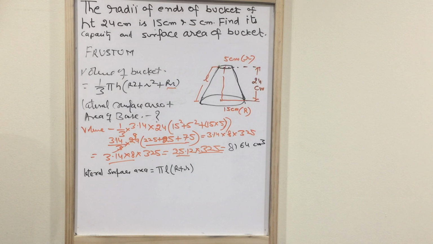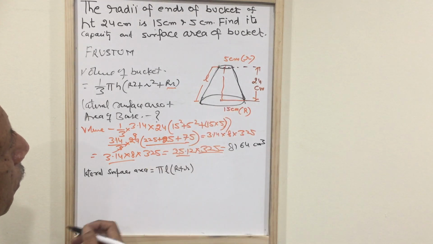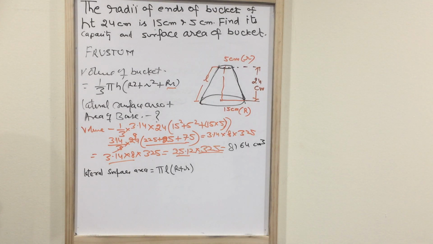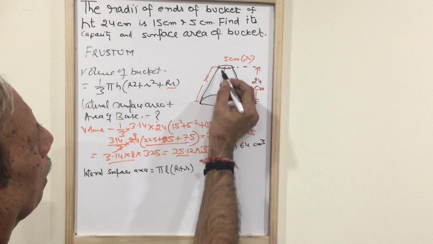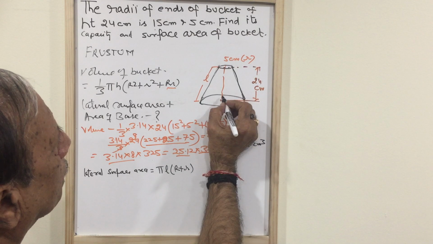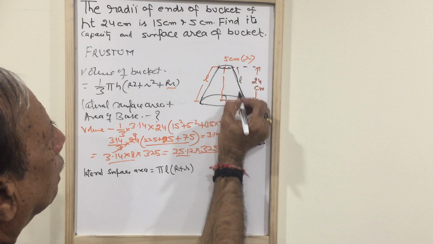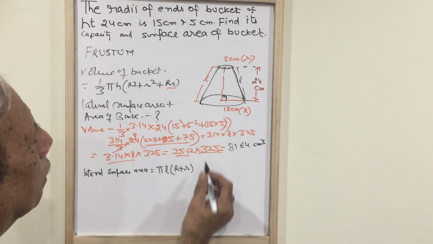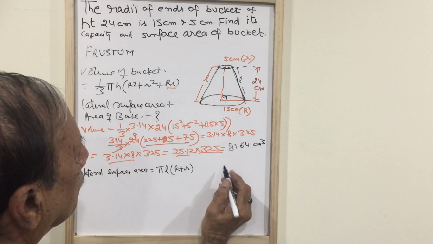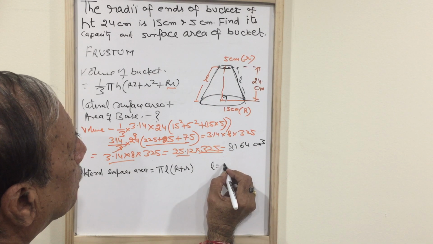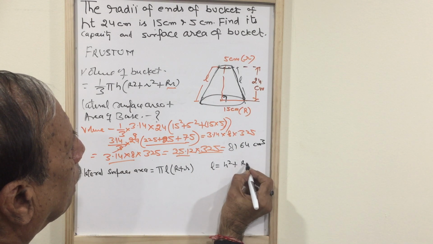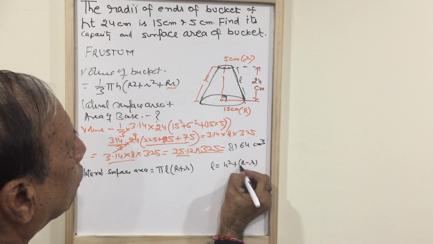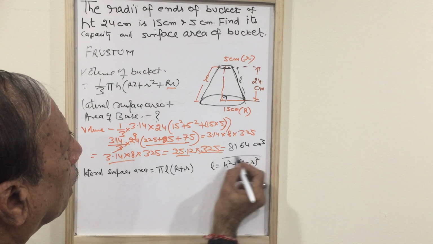This is the formula, and from here we have to find the value of L first. The value of L comes from a right angle triangle over here. So L is equal to the square root of h square plus (R minus r) whole square.